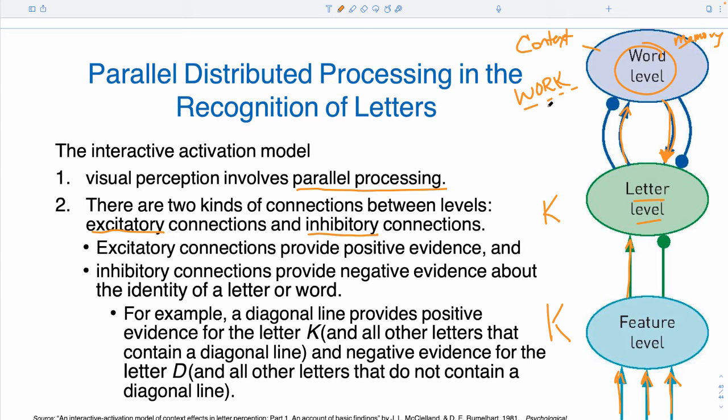So just like your expectation of what a word might be based on the fact that the first letter is a W, it has 4 letters in it, maybe you see that the second letter is an O, it increases the likelihood that the next word is going to be either work or word, for example. But it also makes it less likely that it will be any number of other words. And that's the inhibition part.